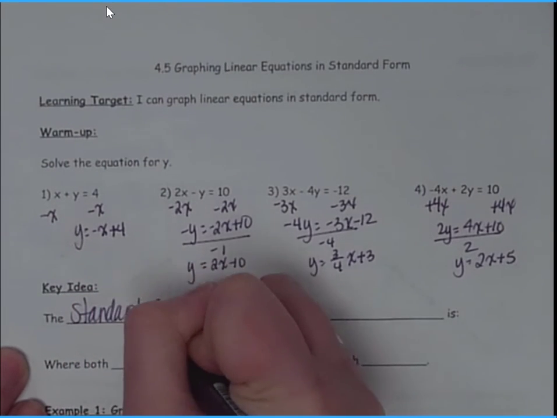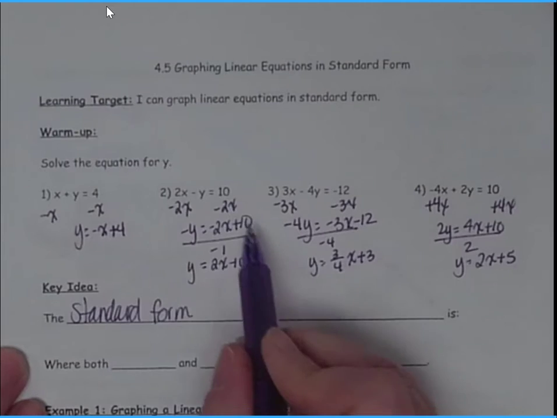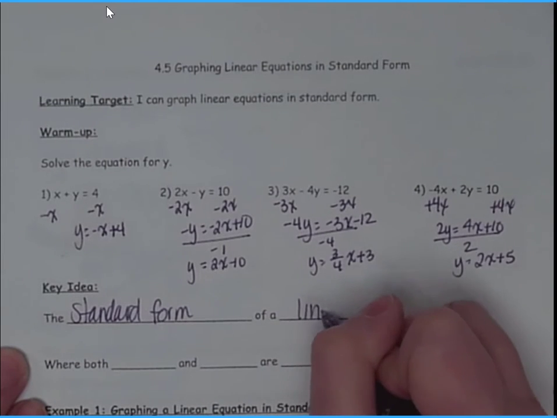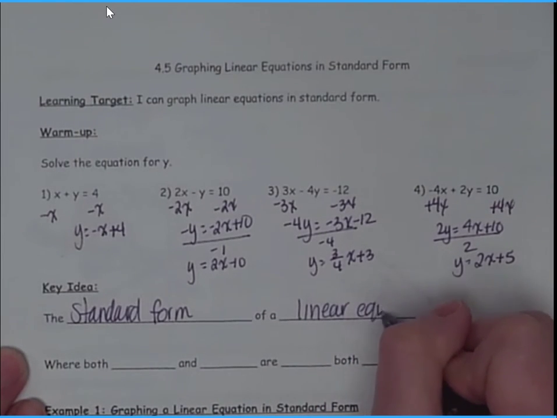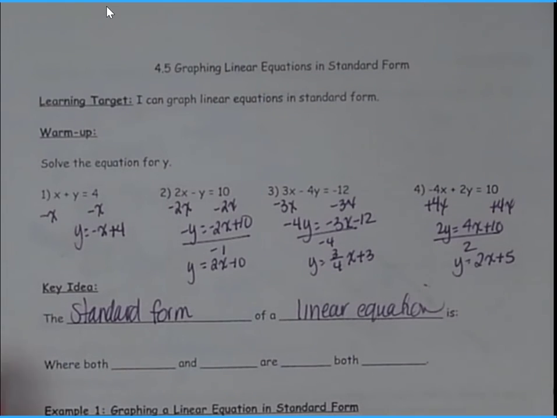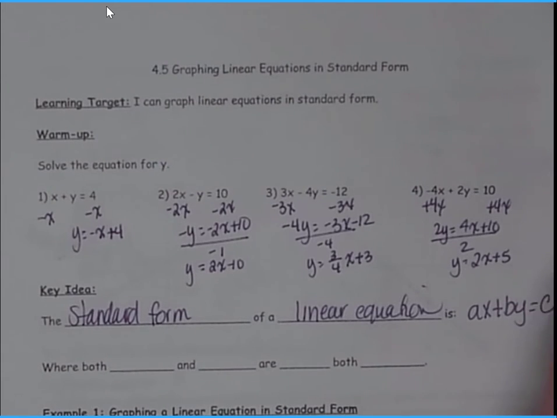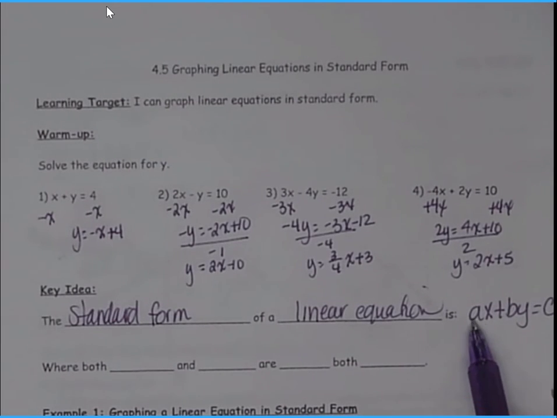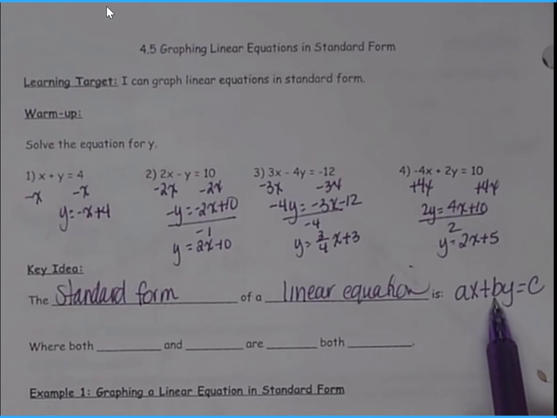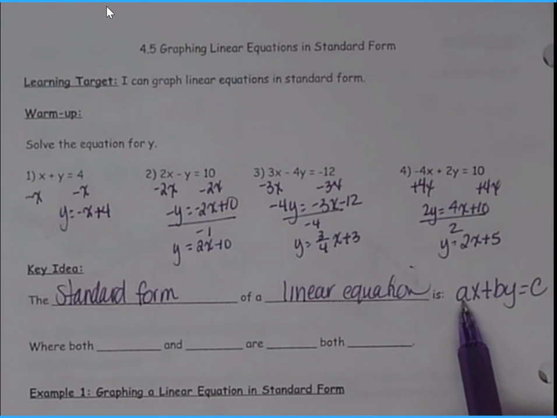So standard form of a linear equation, remember linear means a line, is ax plus by equals c. Now, that means a and b here are not considered variables, but are considered numbers.